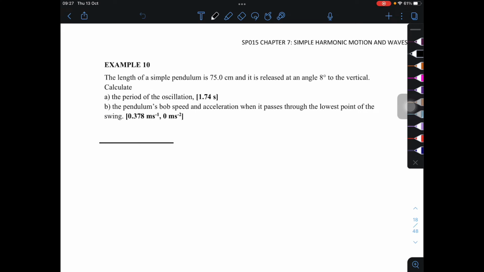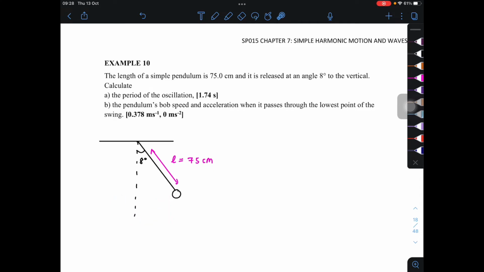We have a pendulum which is released at an angle of 8 degree, and the length of the pendulum here is 75 centimeter. Then it is released and it will swing back and forth.